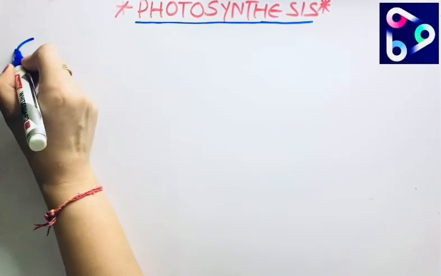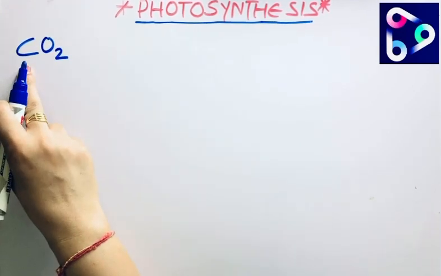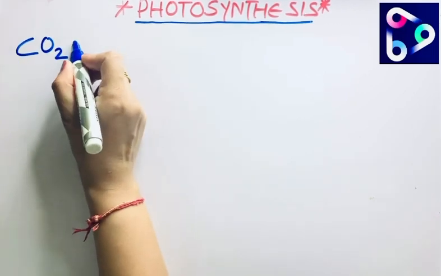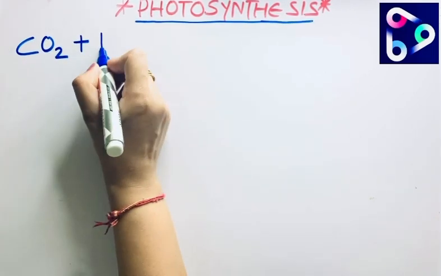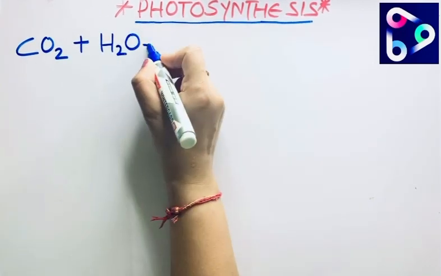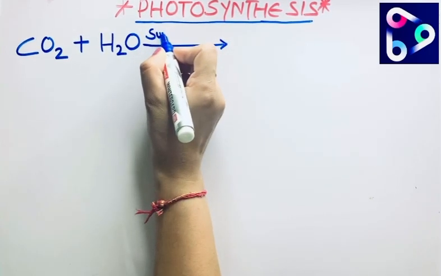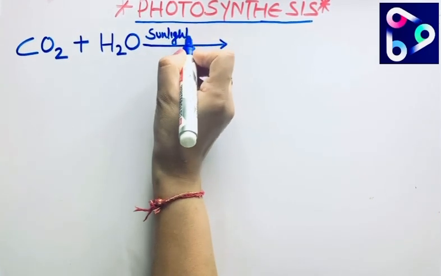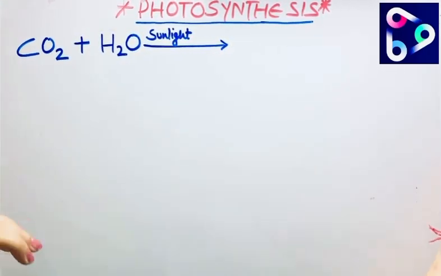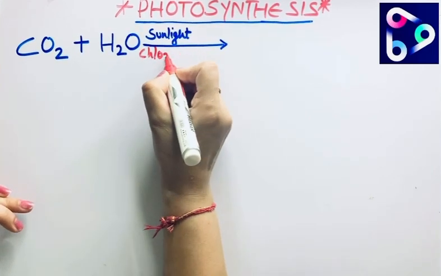Chemically it states carbon dioxide, that is C for carbon, O for oxygen, CO2, plus water molecule, that is H2O, in the presence of, that is most important, I'll use a red pen here for better understanding and it will highlight it also, chlorophyll.